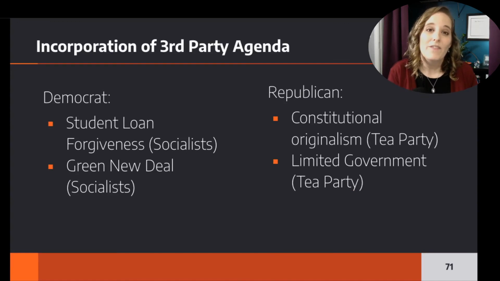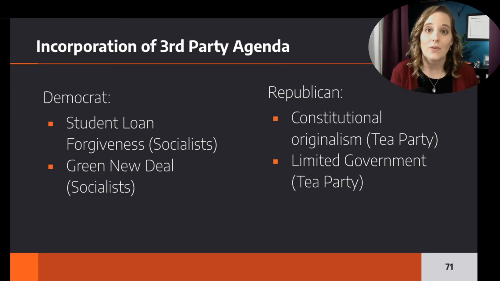Finally, one of the big reasons that third parties often don't win in presidential elections is because the ideas that third parties have that become widely popular are often then incorporated into the major party platforms.